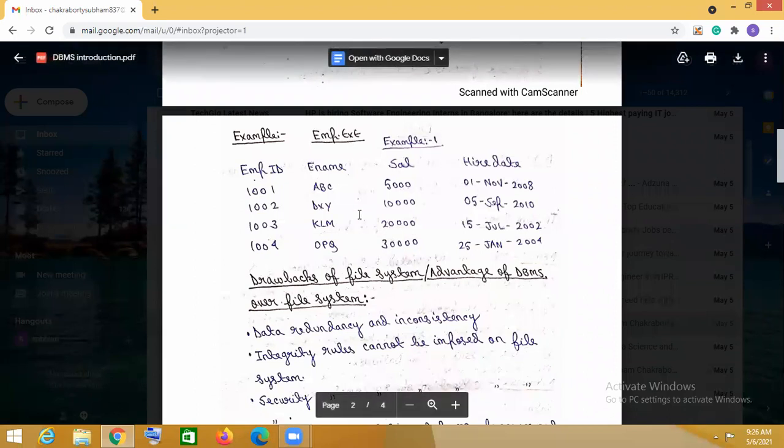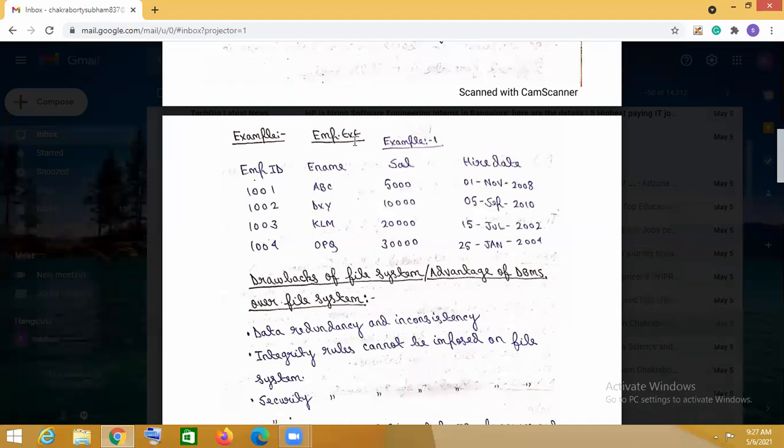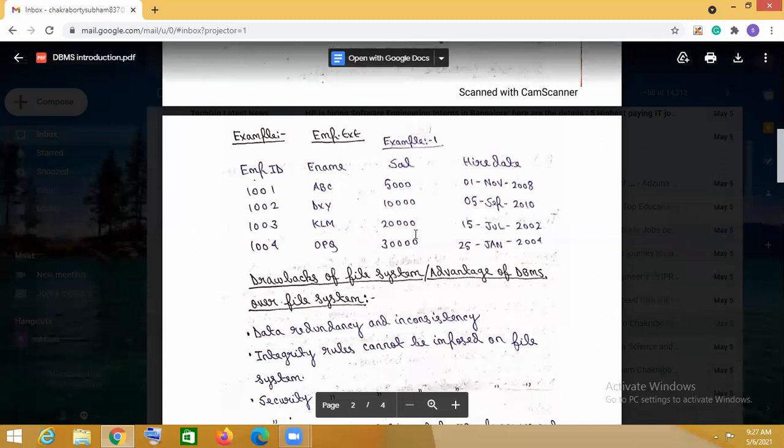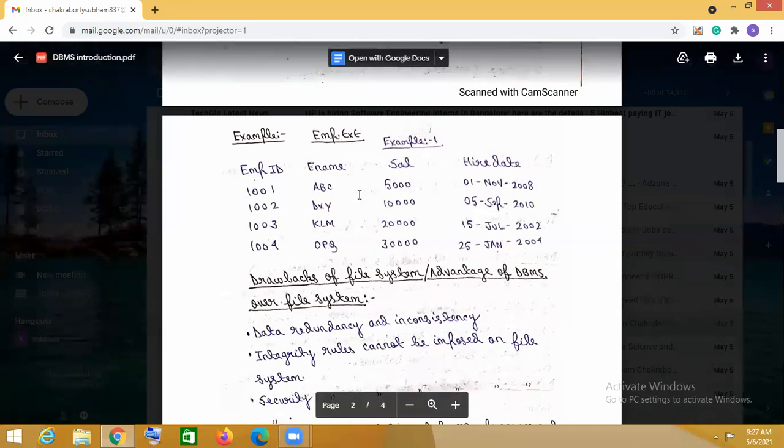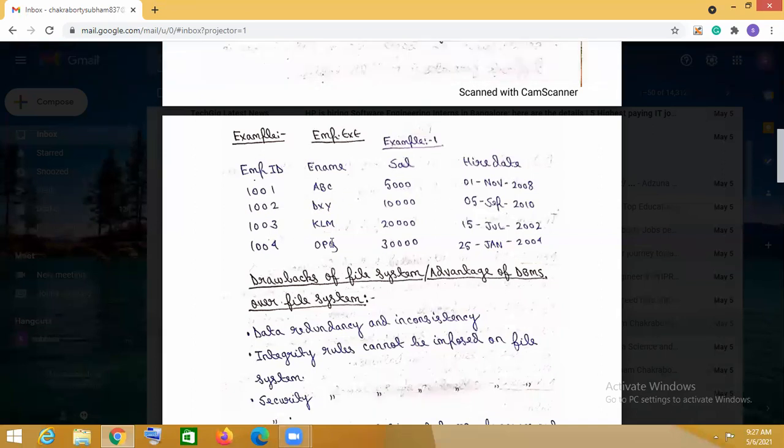Now, on the desktop, you store this file. In this text file, you stored emp.txt on the desktop, and there you have written all this information: employee ID, name, salary, and hire date. Now, the same data is stored in the documents also.